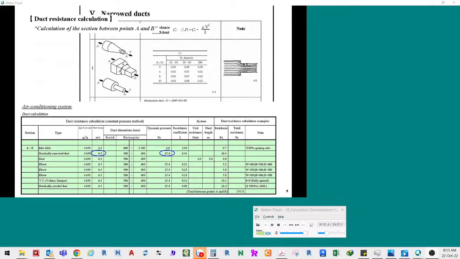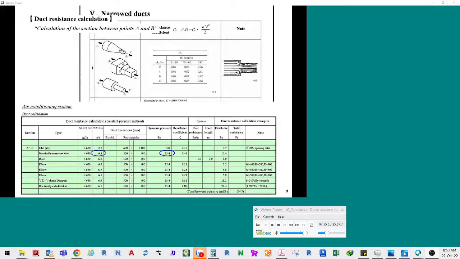If the resistance coefficient is obtained as an intermediate value, you can use the maximum value within the target range or interpolate it to determine the resistance coefficient within the target range. Here, the resistance coefficient is calculated using the maximum value within the target range.